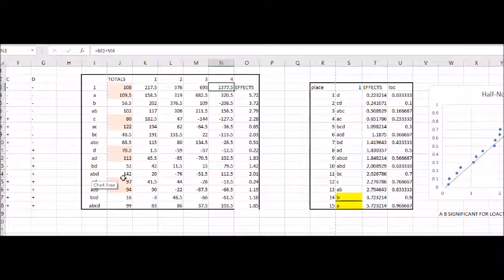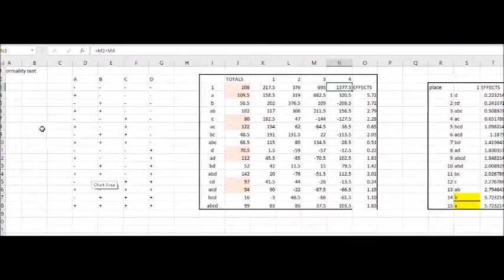For this, we're going to start by having the totals of each run, with the sum of all the replicates of each row. And we're going to make 4 columns of sums and subtractions. This is our standard order.